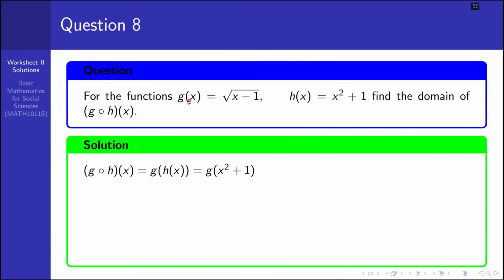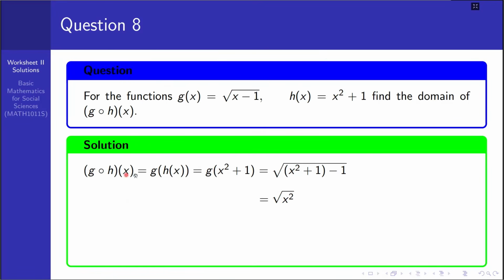But the output of this x under g is just the square root of the input minus 1, so that is equivalent with the square root of x squared plus 1 minus 1, which is equal to the square root of x squared. Therefore, this is g composite of h of x.